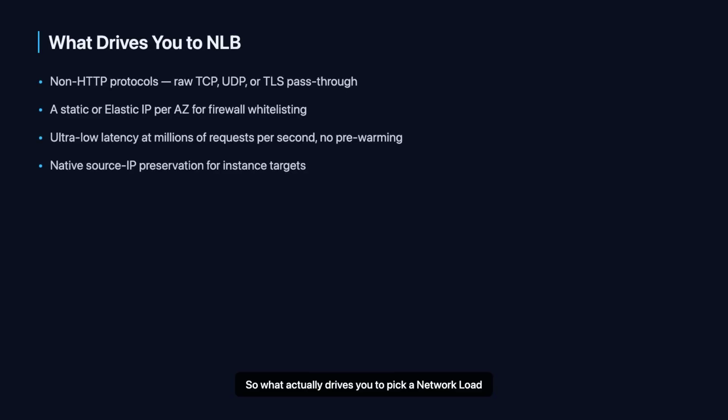So what actually drives you to pick a network load balancer? Four triggers. First, non-HTTP protocols, raw TCP, UDP, or TLS pass-through, which the ALB can't handle at all. Second, a static or elastic IP per zone for firewall whitelisting.